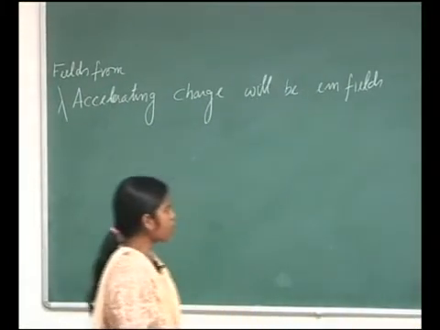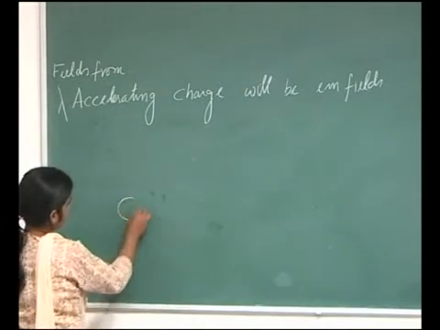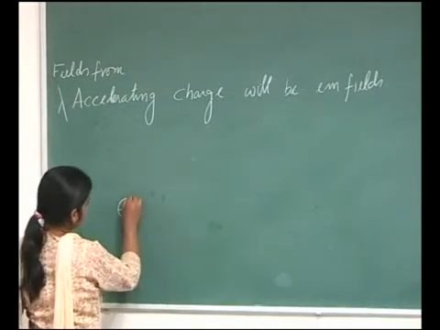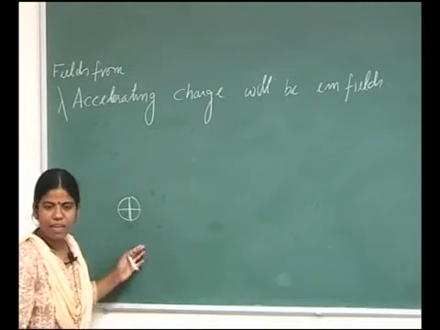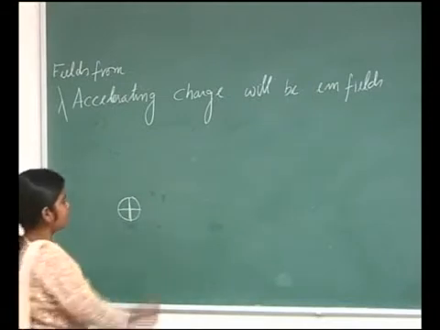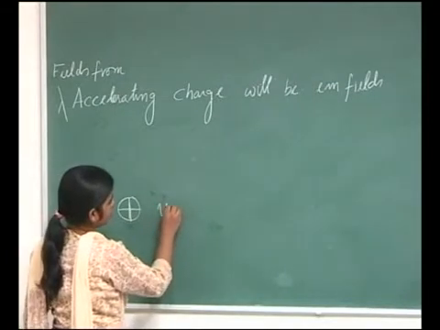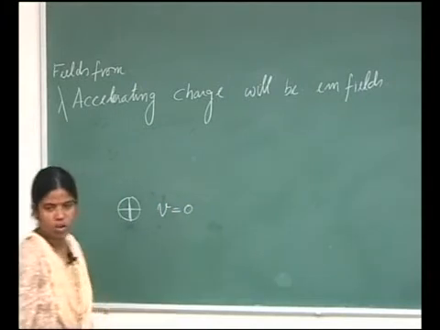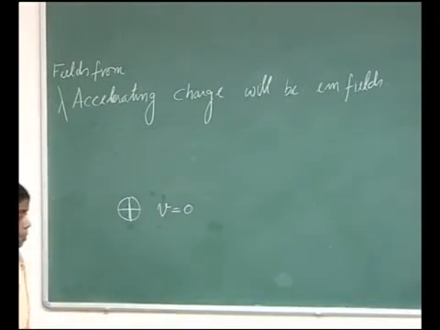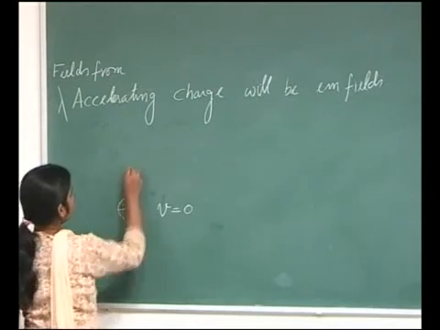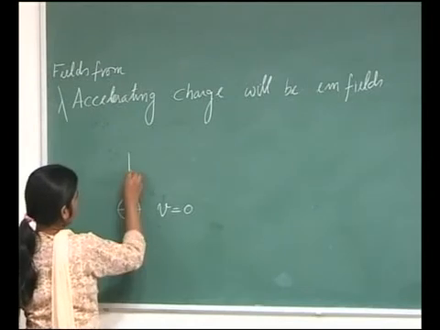So, say I have a positive charge and it is stationary, so V is 0, the velocity of the charge is 0. Okay. I know that the field lines would go like this.